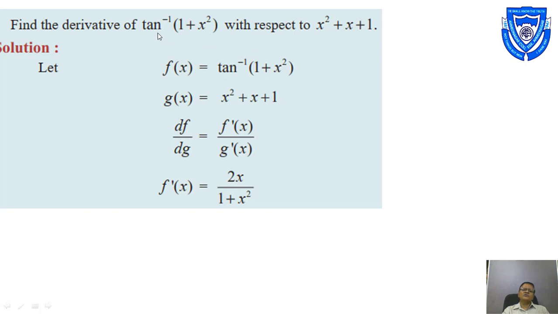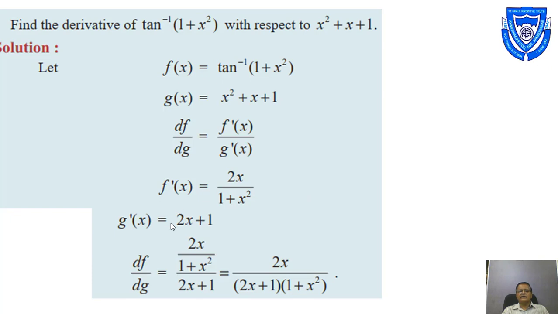If you call the first function alpha, the second function beta, find d alpha with respect to beta. I have called the first function f of x, the second function g of x. So find df by dg. You can give any name. The derivative of tan inverse of 1 upon 1 plus x square will be in the numerator. The derivative of g of x will be in the denominator. You can simplify this, take the ratio and get the answer.